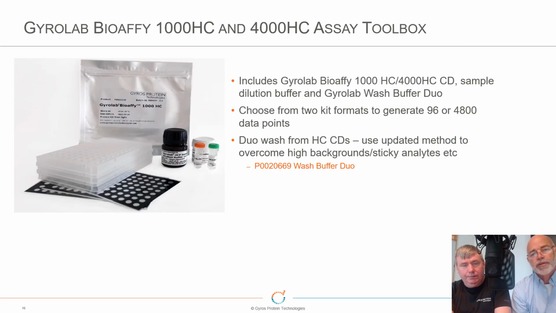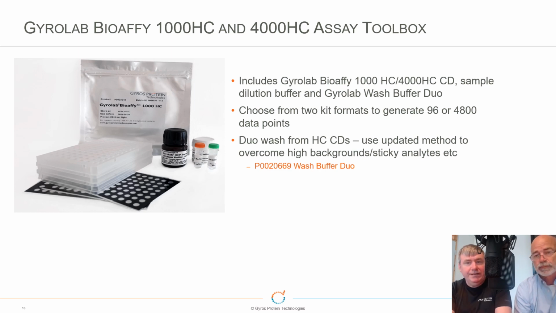So here we're illustrating the Gyrolab Bioaffy 1000 HC and 4000 HC toolbox. These are because of the comments John made earlier about the utility of these CDs for 100% matrix and their use in bioprocess sample types or bioprocess applications. This gives the end user the flexibility to get a kit that contains the CD and some wash buffers that are useful for a variety of different applications.